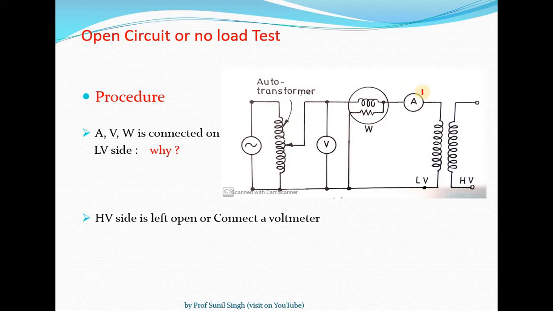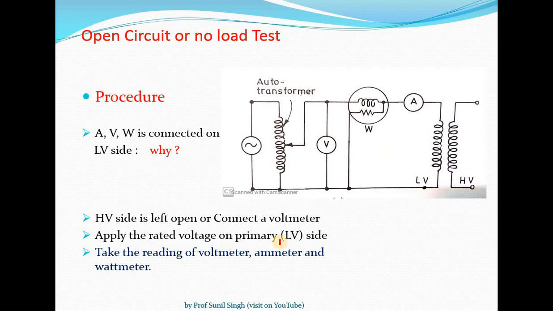After connecting this, we'll take the reading. How to take the reading? We'll adjust the auto transformer until the lower voltage side reaches its rated value. As an example, if the lower voltage side is rated at 400 volts, then we'll adjust the auto transformer voltage until the reading of this voltmeter is 400 volts.